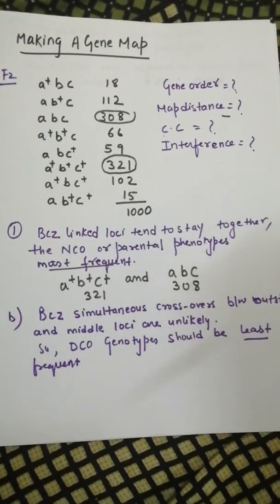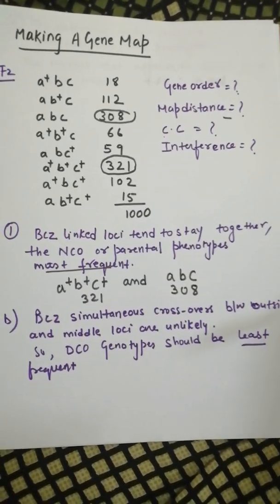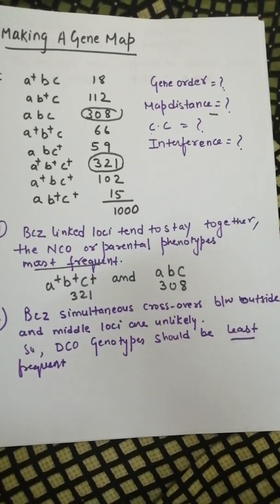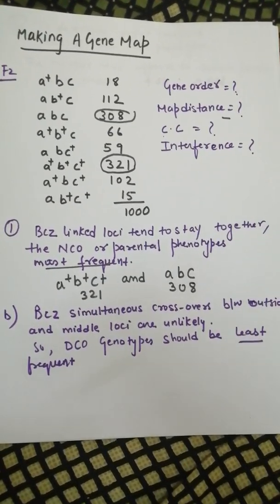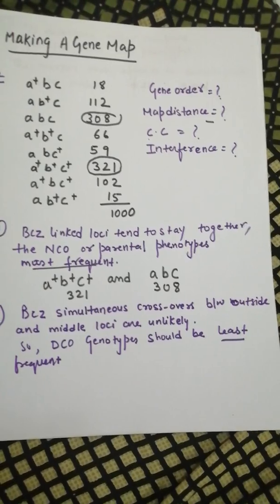The next step is to find which one is least frequent, because simultaneous crossovers between outside and middle loci are unlikely, so the double crossover genotype should be least frequent.